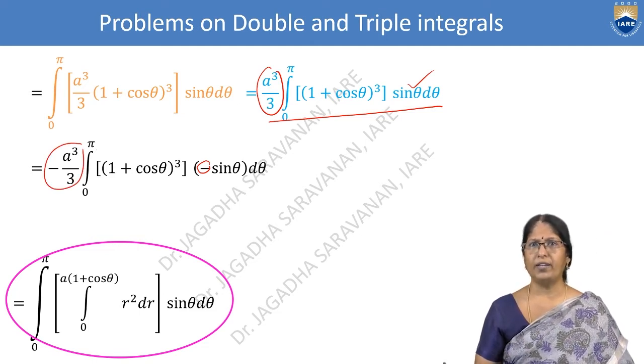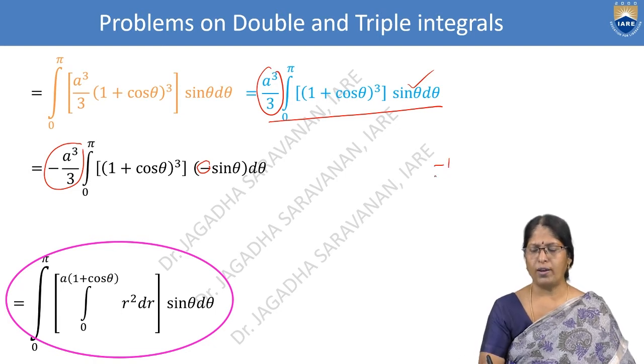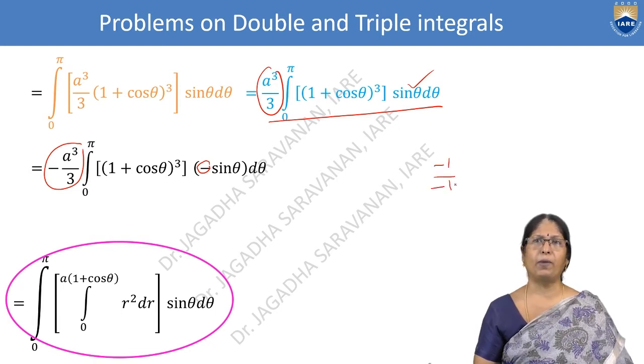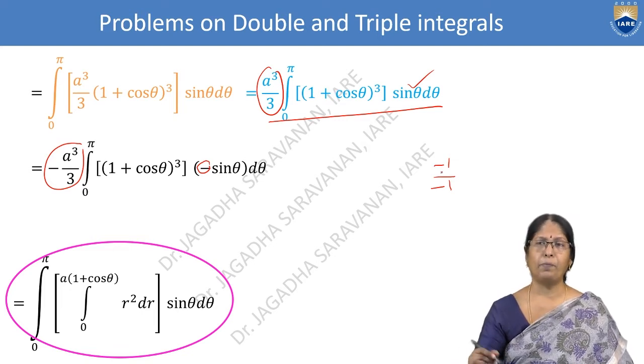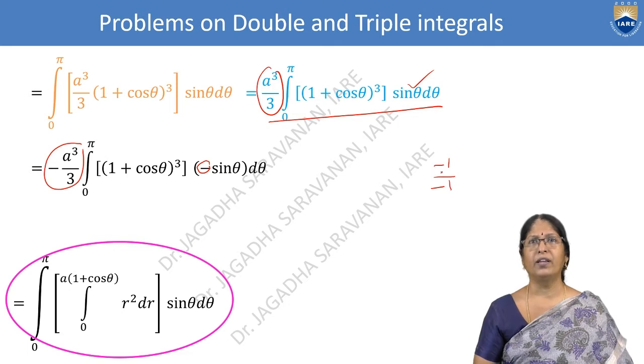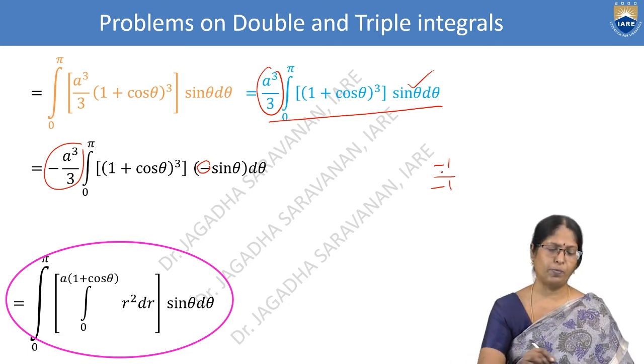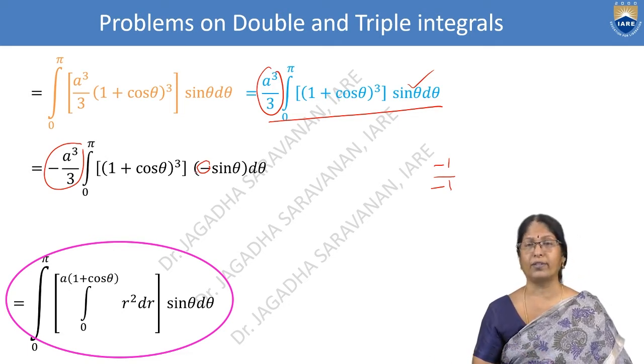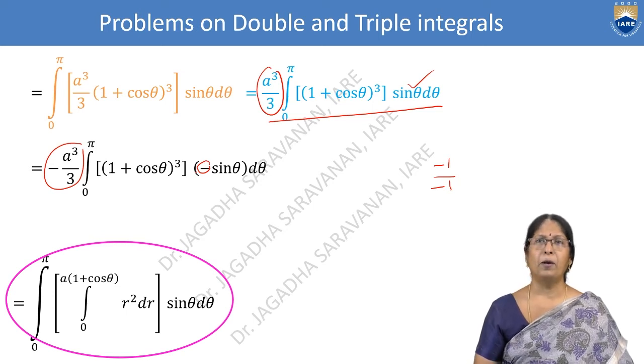That is, we multiplied and divided by minus 1. Why did we suddenly introduce this? Mathematically it is balancing because we multiplied and divided. Otherwise minus into minus is also plus. Mathematically it is correct; it obeys balancing. But why do we have to do it?